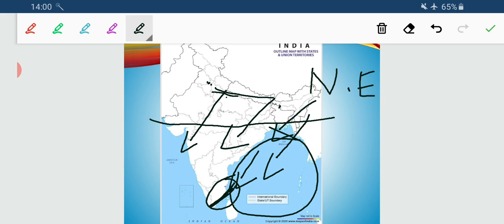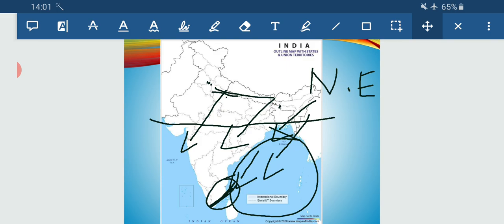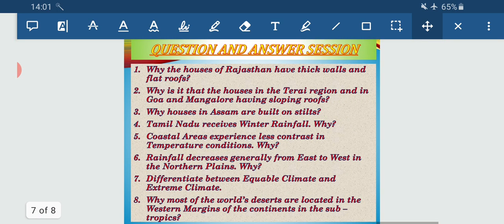But during the winter, due to the northeast direction, when they blow over the Bay of Bengal, the absorption of moisture makes the winds denser and they get obstructed by the coastal part of Tamil Nadu and create winter rainfall. So hopefully the entire concept is clear to everybody.